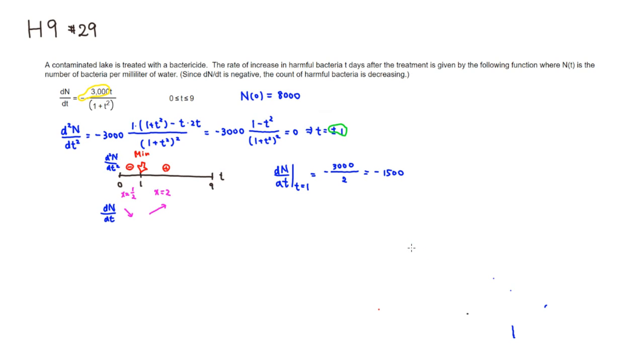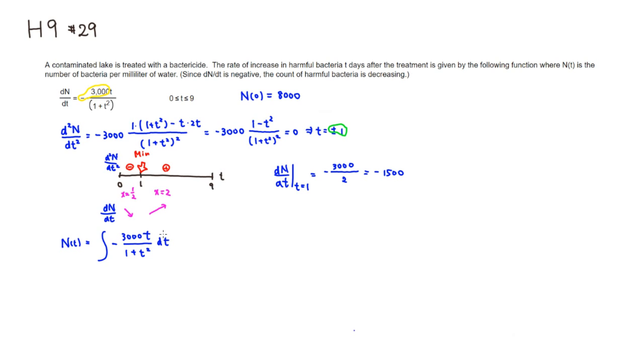Since the derivative is given, we can just take the antiderivative to go back to the original function. So if you want to find n of t, all we have to do is find the antiderivative of negative 3000 t over 1 plus t squared with respect to t.